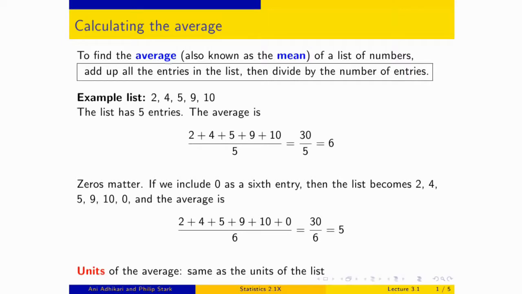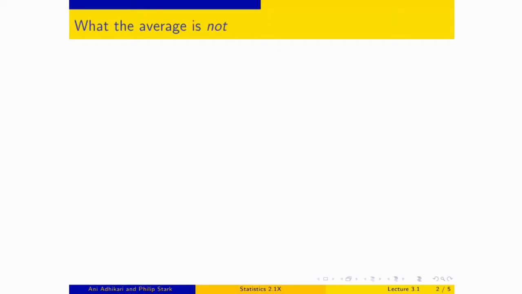And next, however, I am going to go through an exercise that is relentlessly negative. No, no, no, and no. And that's a depressing thing to do, but really it's a great idea to get rid of any possible misconceptions early on. And so let's start by taking a look at this simple little list. 3, 8, 9, and 10, just 4 entries in the list. Its average is 7.5.